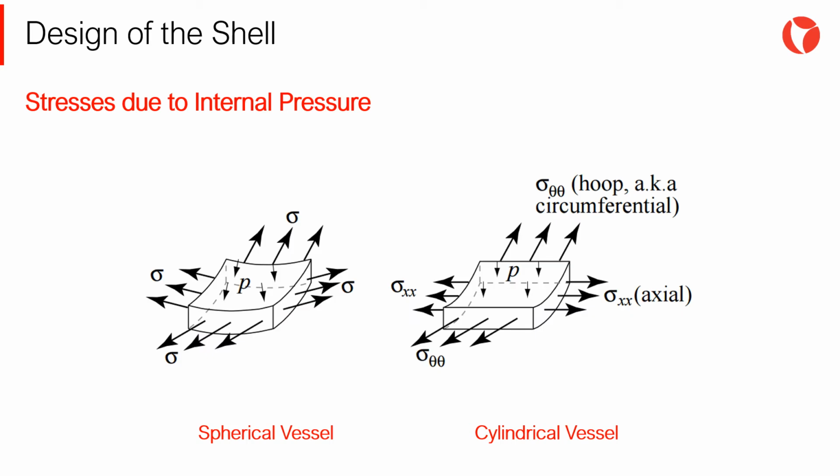This could be explained looking closely at one infinitesimal element. In the cylindrical vessel, the internal pressure is resisted by the hoop stress, or circumferential arc action, whereas the axial stress does not contribute. In the spherical vessel, the double curvature means that all stress directions around the pressure point contribute to resisting the pressure.